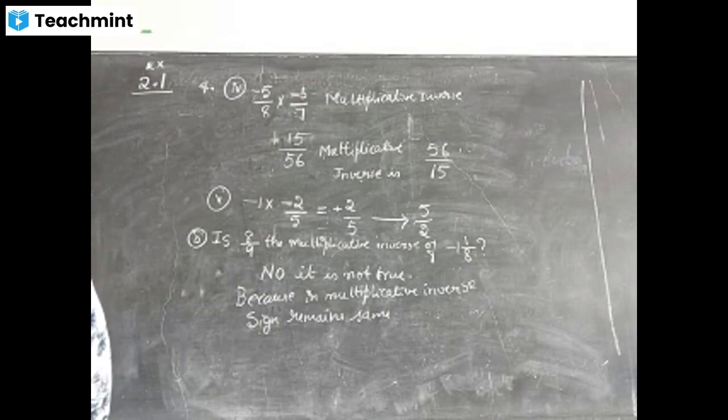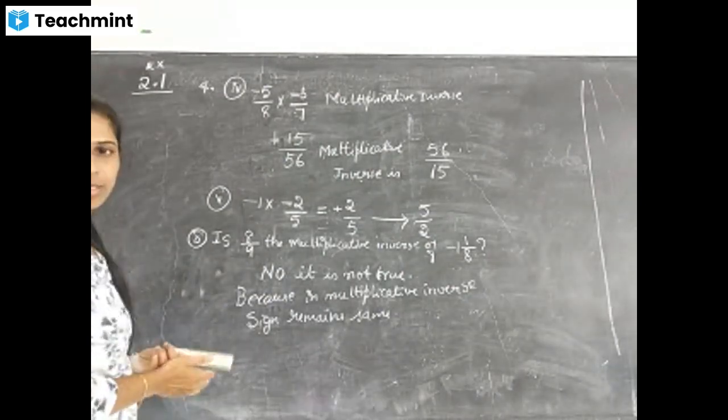One more question, same type, the ninth one. Is 0.3 the multiplicative inverse of 3 1 by 3?